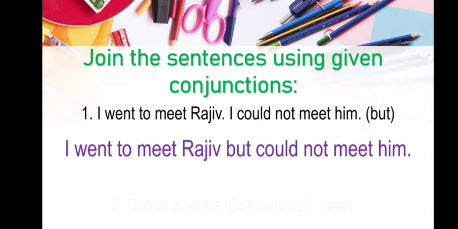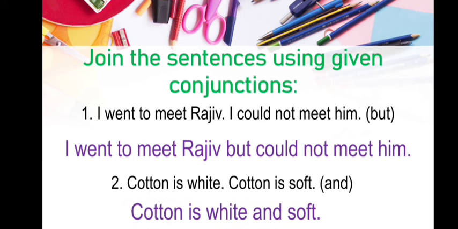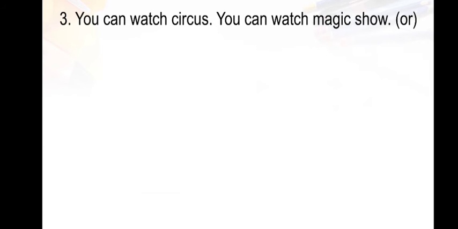The next sentences are cotton is white, cotton is soft, and the given conjunction is and. The answer is cotton is white and soft. Both white and soft show the quality of cotton. Next sentences are you can watch circus, you can watch magic show, and the given conjunction is or.